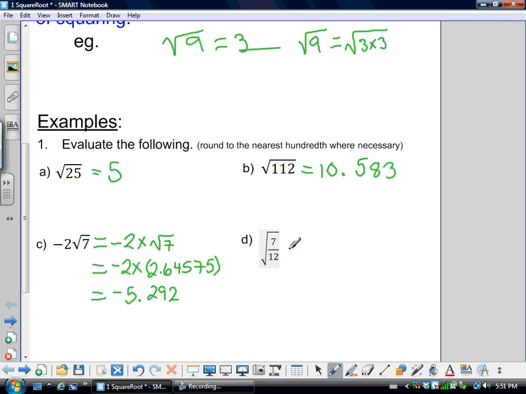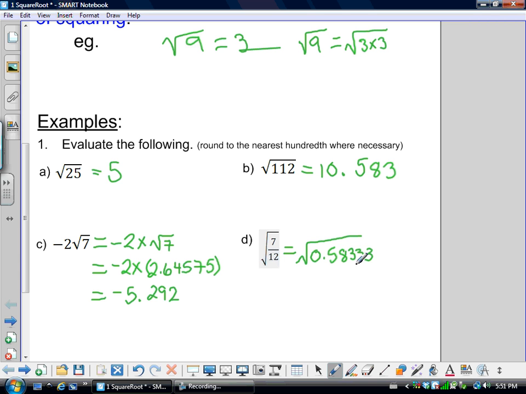Now this one here is a little bit different again too. I'm taking the square root of a fraction. So what I have to do with my calculator is I first of all have to calculate what 7 divided by 12 is. Okay, and for those of you that are really good with your calculator, you probably can get away with doing this type of question all in one step if you understand what your calculator is doing.